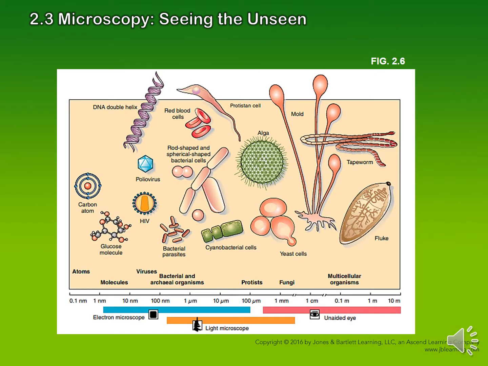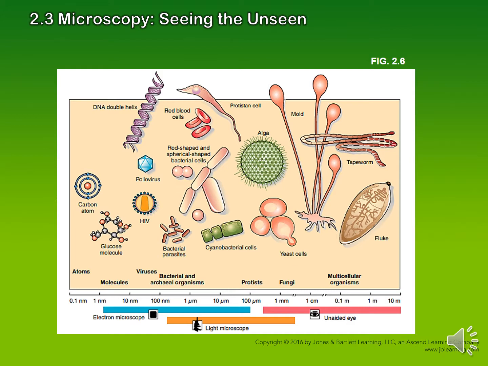So here's a classification of the different types of organisms and what kind of microscope can be used to see them. Okay, so for things like molds or tapeworms, you can use the unaided eye, and these are maybe on the order of a centimeter or so.